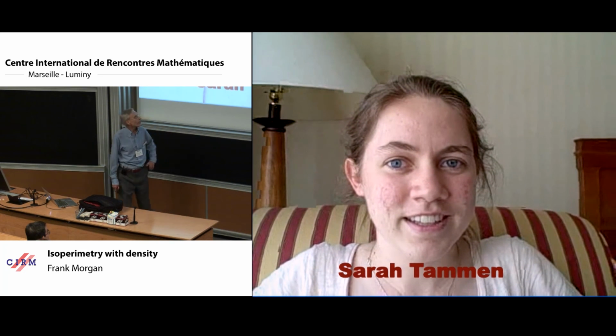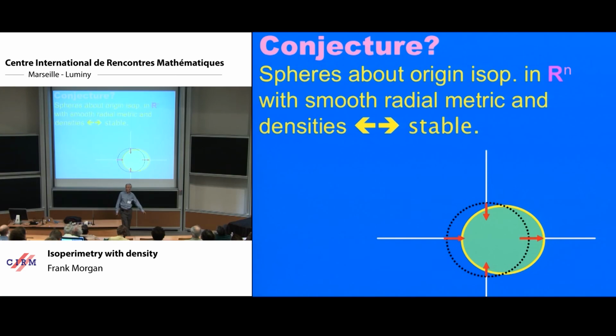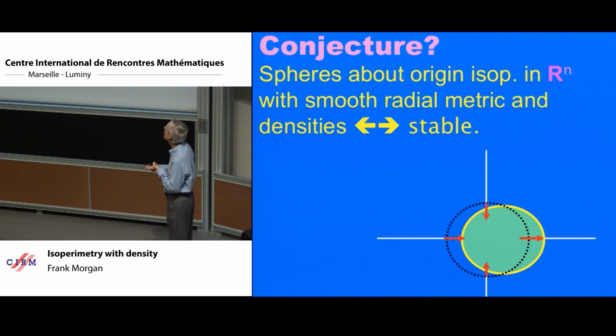Yes, good. So now what would be the most general conjecture about spheres centered at the origin? Maybe something like this: spheres about the origin are isoperimetric, and now we're going to allow densities and metrics to change, and hope that stability implies minimization. That would be the most general you could have.